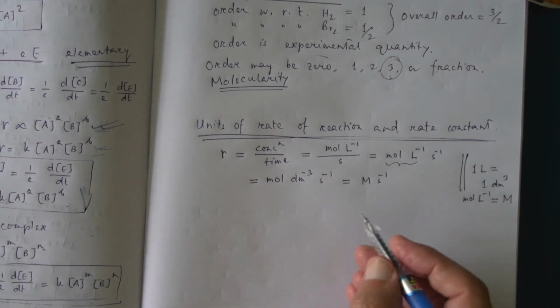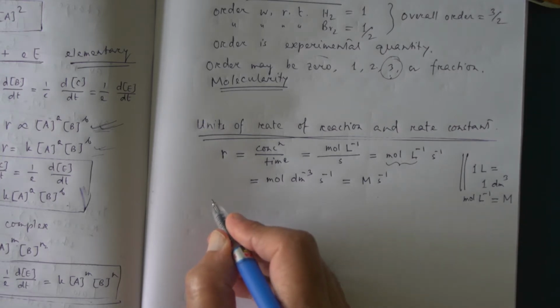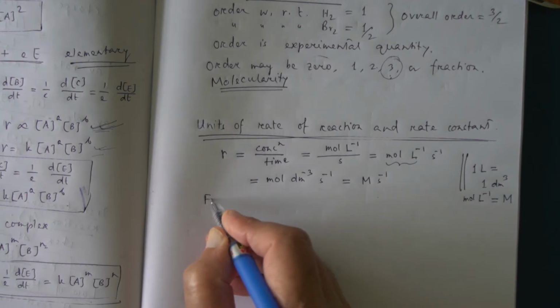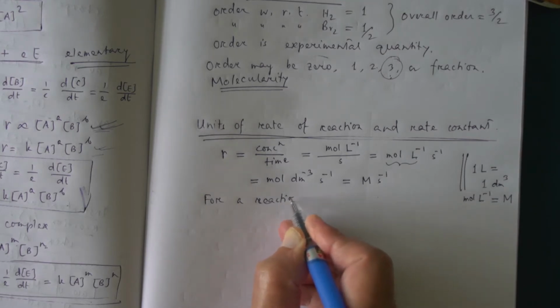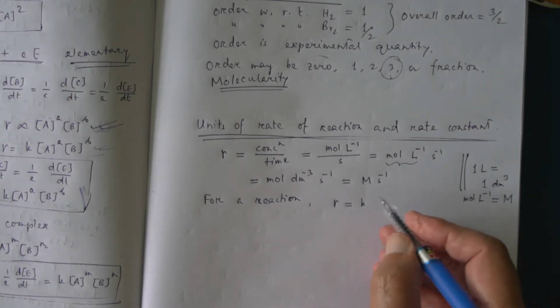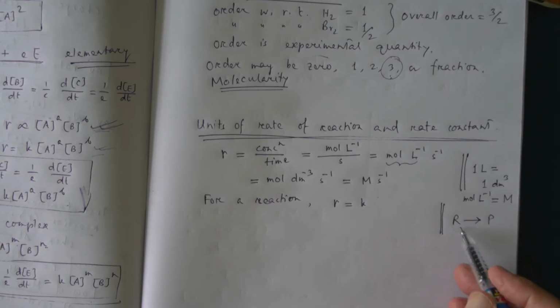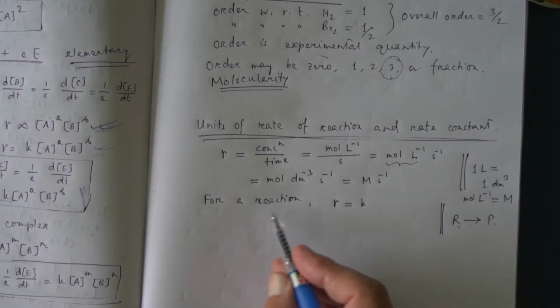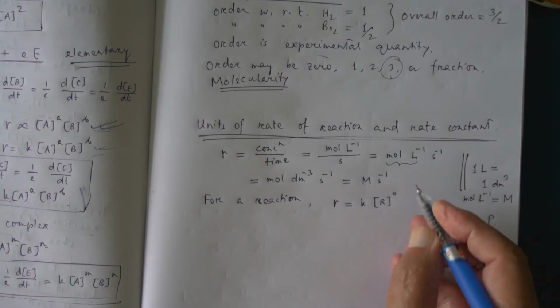Okay. Now what is the rate constant? Suppose we have a reaction, and suppose R equal to K. Our reaction is like this: reactant to product. Suppose we are getting a product from the reactant. So suppose for this reaction, this is the rate law.